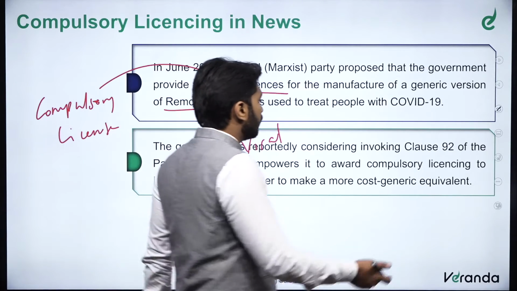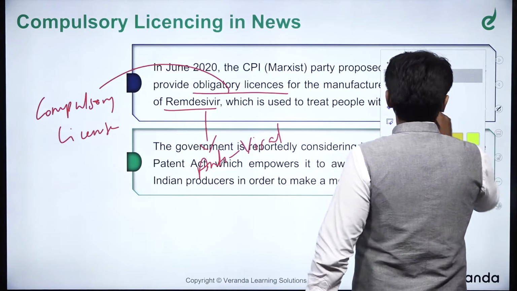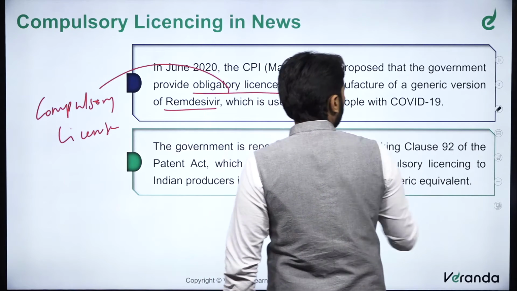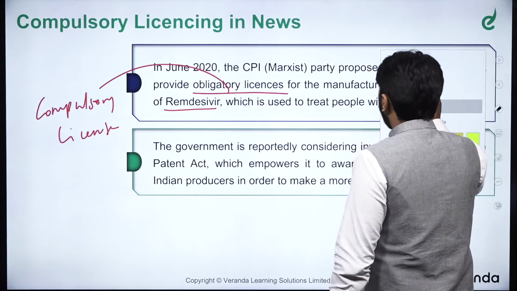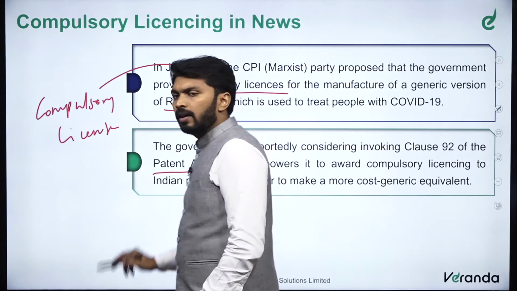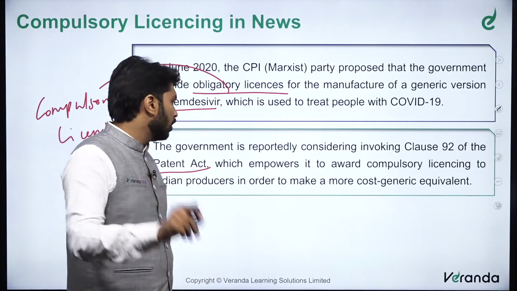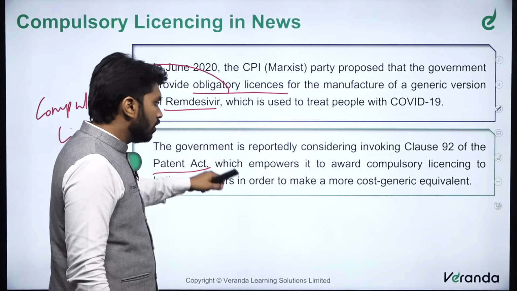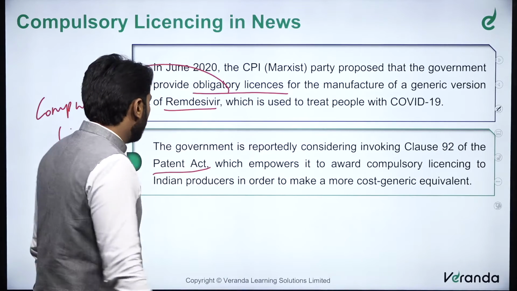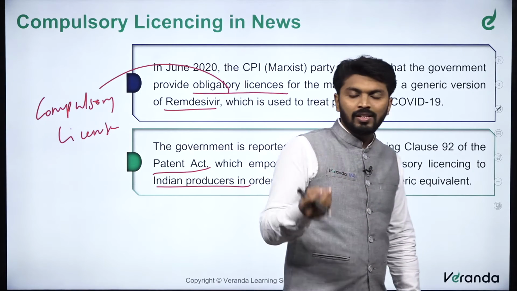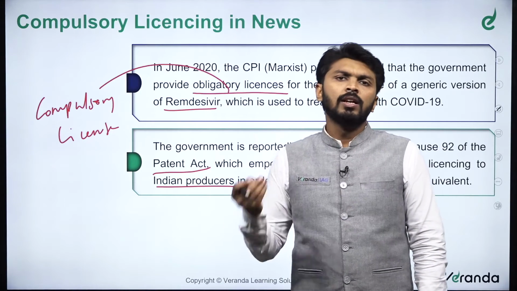The government is reportedly considering invoking clause 92 of the Indian Patent Act. Clause 92 is the one which speaks about compulsory licensing, which empowers it to award compulsory licensing to Indian producers in order to make a lower cost generic equivalent of remdesivir.